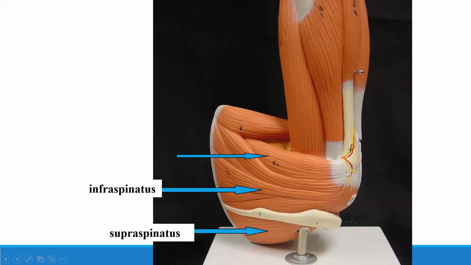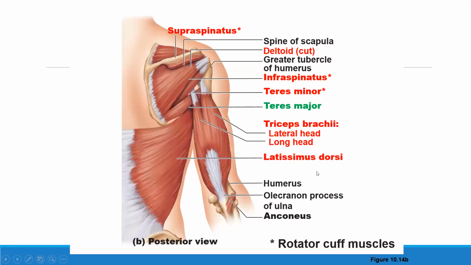You'll notice that their origins are all on the scapula. These three insert on the head of the humerus. The fourth one, the subscapularis, also inserts on the head of the humerus. So, supraspinatus, infraspinatus, teres minor.